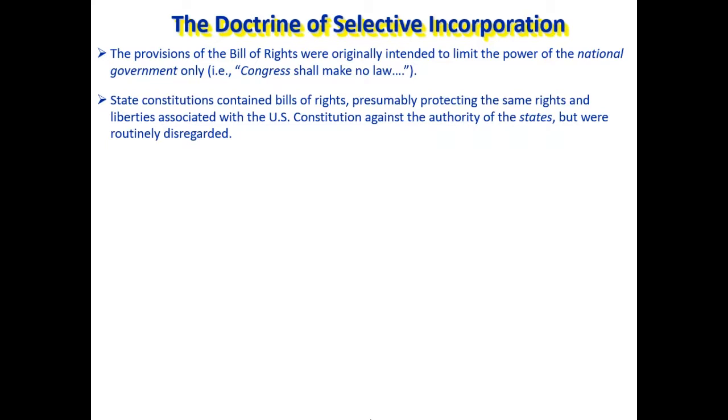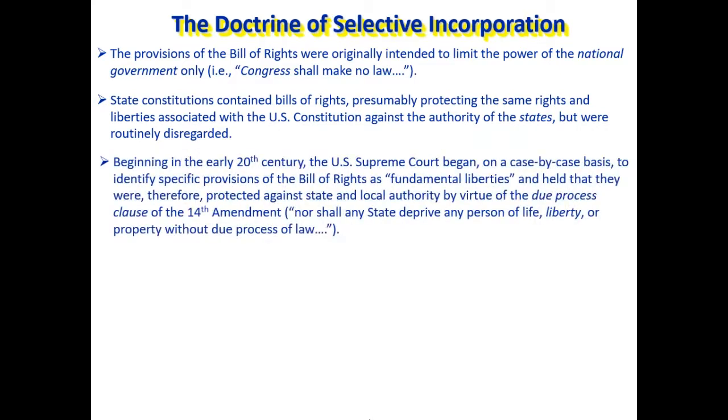So that's the basic problem we're facing. In the 19th century, down to the Civil War, you may have had bills of rights in state constitutions, but effectually they weren't observed.